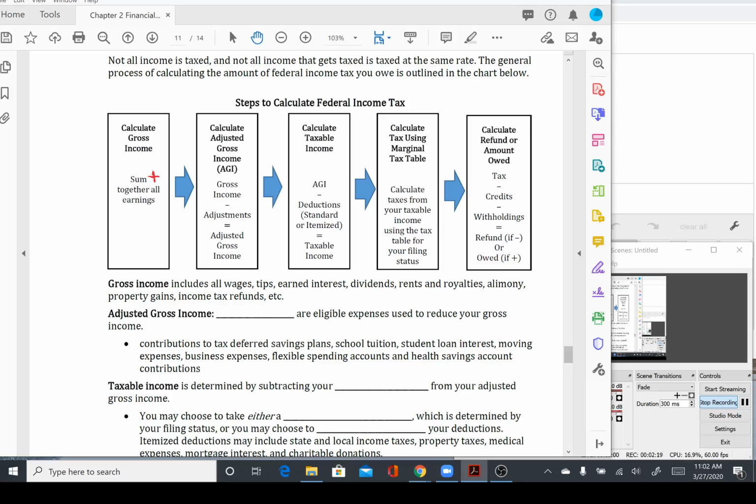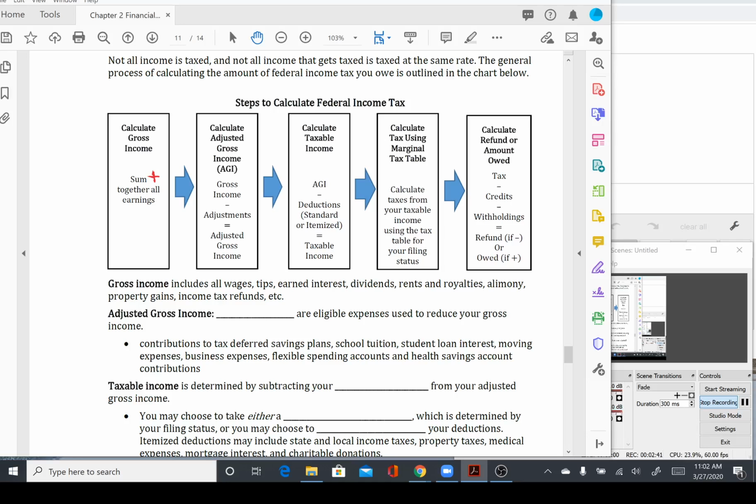From the adjusted gross income, you can take deductions from that amount. That could be a standard deduction or an itemized deduction, depending on which one's better for the taxpayer. That leaves you with your taxable income.